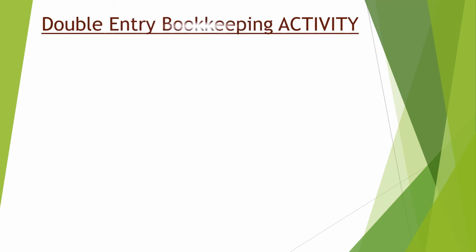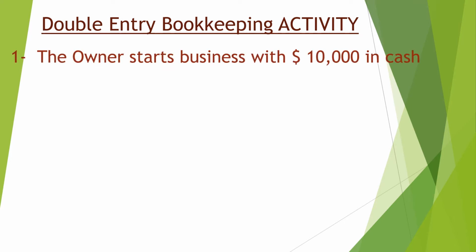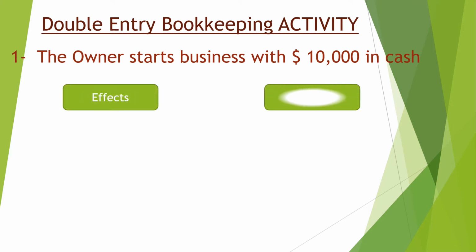In this video we will do some practice of double entry bookkeeping, and that will be the activity. Let's start with the activity. The owner starts business with $10,000 in cash. We have to look at the effects and the actions.